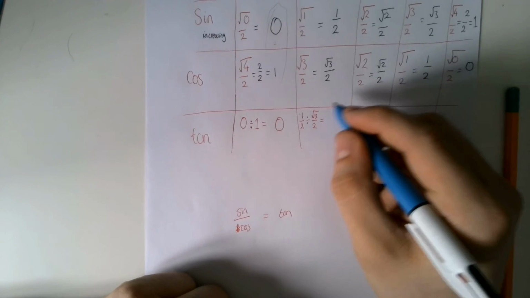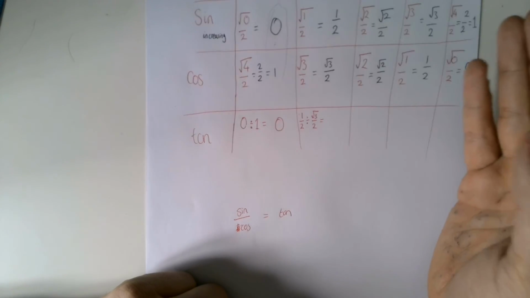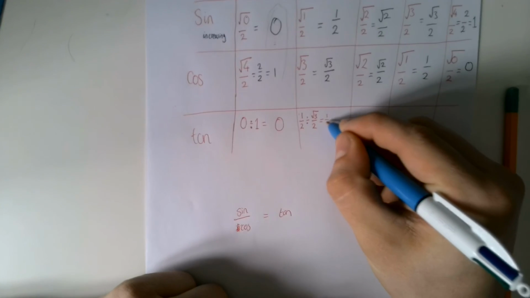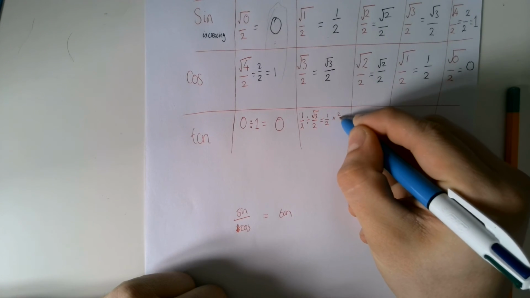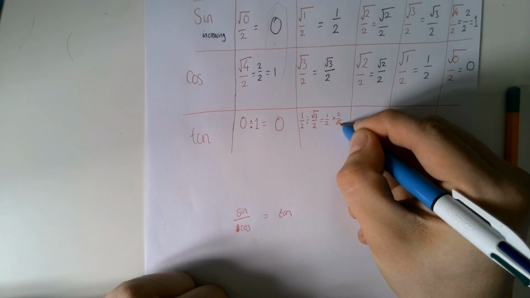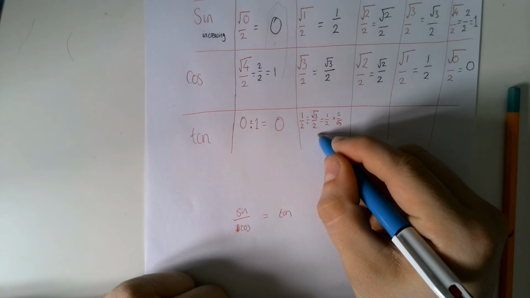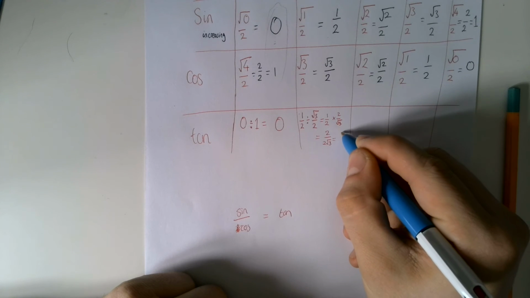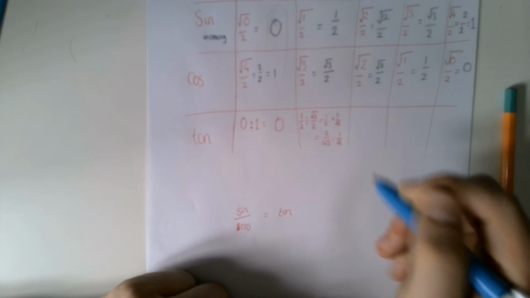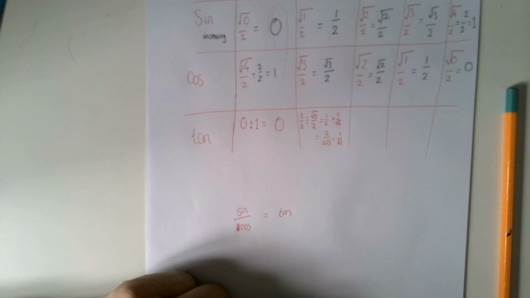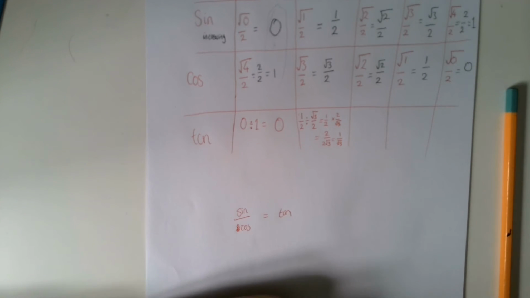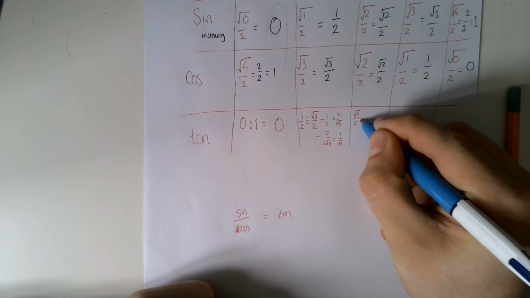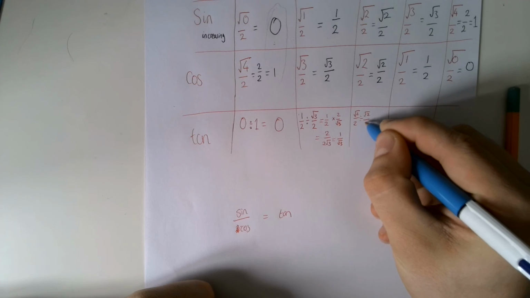Now remember, when you divide a fraction, which is actually quite a nice revision for that, you are going to keep, flip and change. So it's going to be 1/2 times 2 over root 3. So that gives you 2 over 2 root 3, which simplifies to 1 over root 3. Okay, now you are going to want to do root 2 over 2 divided by root 2 over 2.